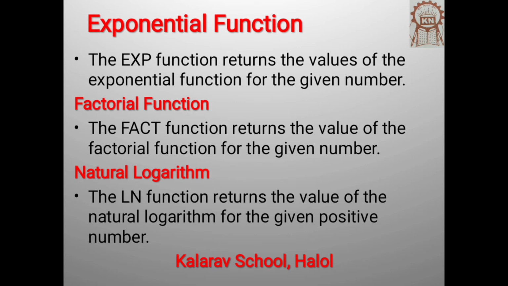Similarly, FACT(6) returns the multiplication of 1 to 6, that is 6 into 5 into 4 into 3 into 2 into 1, which is 720. Figure 7.8 illustrates the factorial function with value 6.